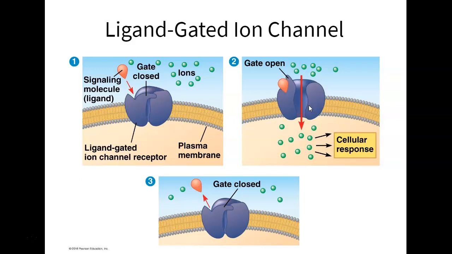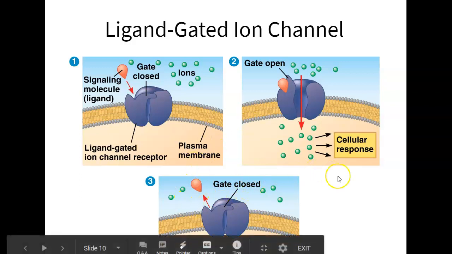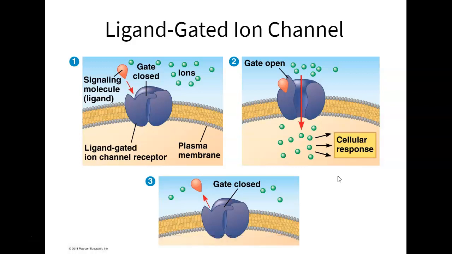In this case, they're going in. And because of that, that will trigger a cellular response. When the ligand unbinds, then it essentially closes the gate. So the response in this case is not activation via a G protein, it's activation because of the ions that have moved from one side of the membrane to the other.